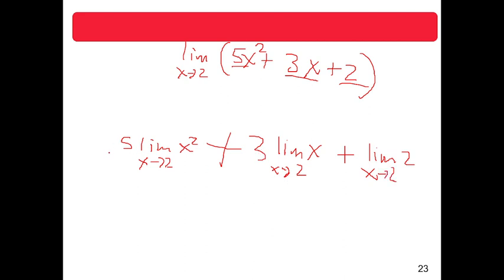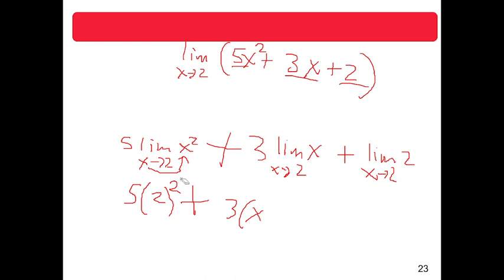From the first part, we could see that we will simply substitute the value of x. That would become 5 multiplied by, what's the value of your x? That is simply 2, multiplied to itself, that is squared, plus 3 times x.